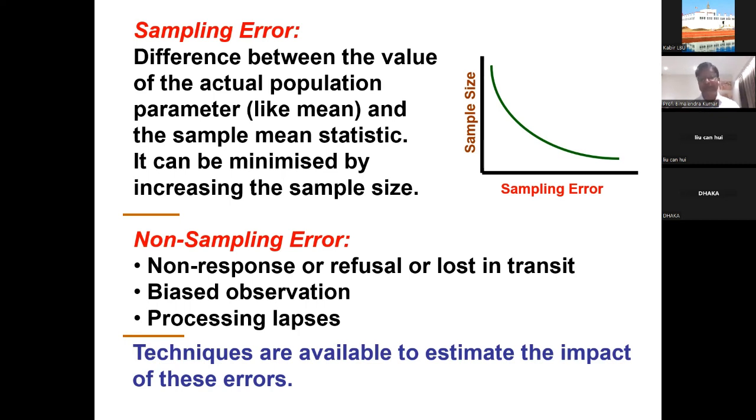So what is the non-sampling error? That is non-response, refusal, loss in transit, biased observations, and processing lapses.